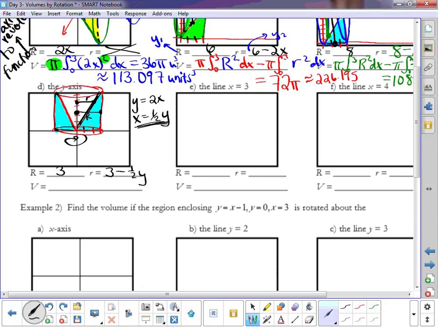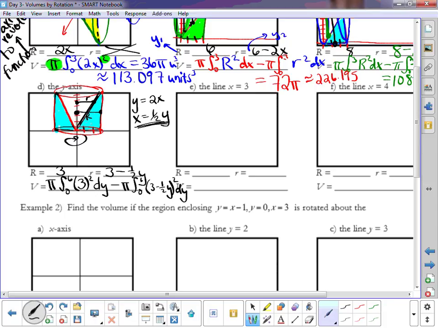All right. So now let's go and set up our volume. So pi integral. What are our bounds here? Good. 0 to 6. My big radius, and we're doing it with respect to y. And then again, I want to do minus pi integral from 0 to 6 of my little radius with respect to y.